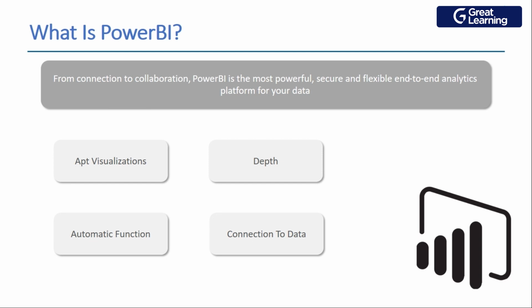If you are not certain what visualization you should opt for when you choose this particular data, do not worry about it. All you have to do is put that data, and if it can be visualized, Power BI by default will suggest certain visualizations for you. Again, something that we'll be seeing as we perform the demo and get into the practical part of this course. The next point is connection to data.